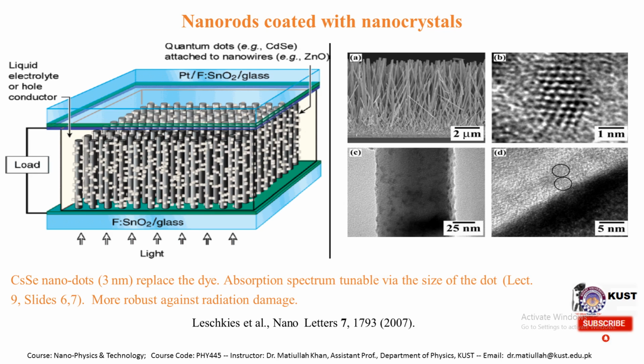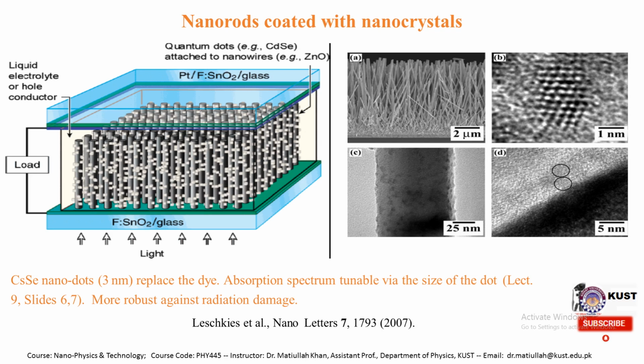And this is basically a sketch of that arrangement, where we have silicon, SnO2 or glass at this portion through which the light is absorbed, and we have SnO2 or glass at the upper portion as well. As a result, the liquid electrolyte or hole conductor is present inside. CdSe nanodots in the nanostructure, at 3 nanometers, replace the dye, and the absorption spectrum is tuned by the size of the dot.